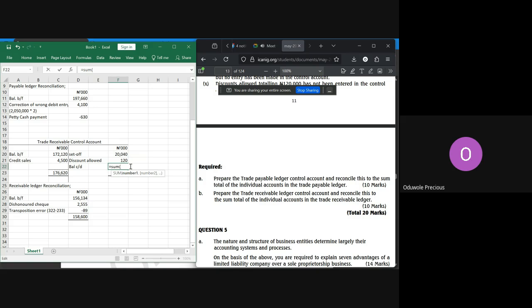That's F20 plus F22 minus F20. No, F20 plus F21 minus F23. Oh, wait. This is 156,460.